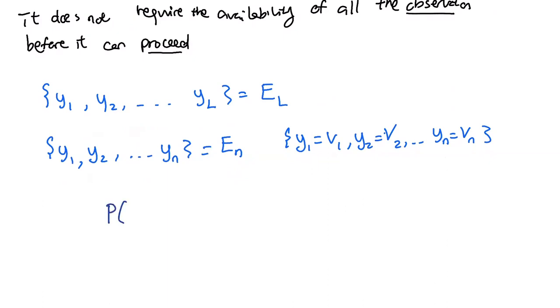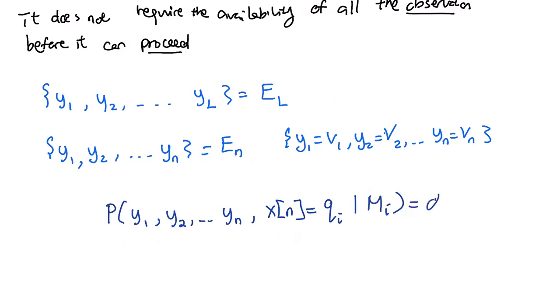So instead, what I want to do is consider the observations up to time n, and the state at time n being in a particular value, and of course this is all for a specific model, right? So instead of writing this all the time, I'll define a new variable, which is called the forward variable.